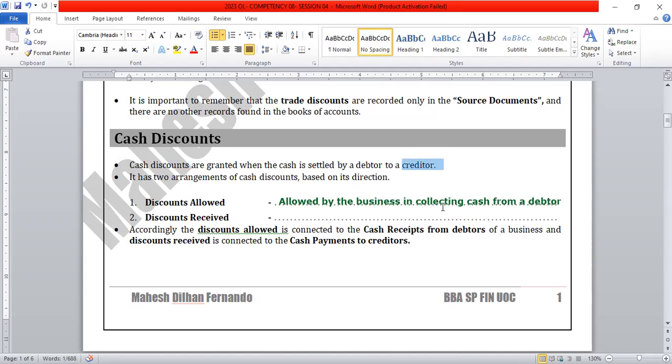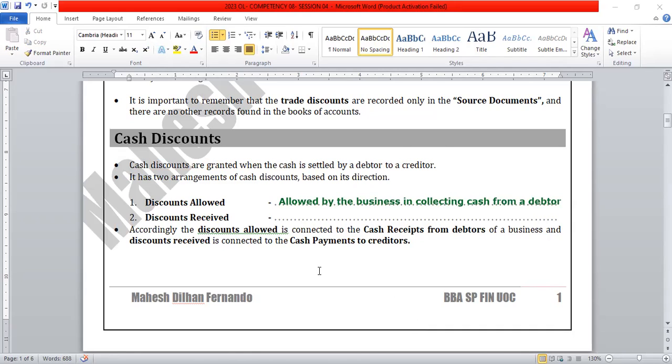Try to understand. The business is the party which has sold the goods on credit. However, discount allowed is a discount which is given by the business in collecting cash from a debtor. Then what is a discount received?